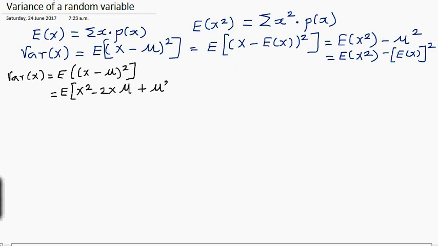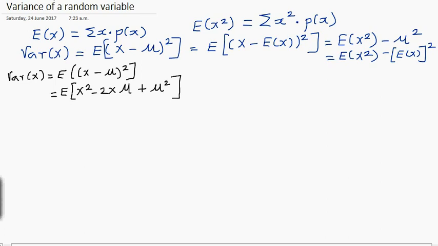Okay, so the variance of x, which is a random variable, we have defined as the expected value of x minus mu, the whole squared. This is the definition. Using a bit of algebra, this is the expected value of x squared minus 2 times x times mu plus mu, the whole squared.